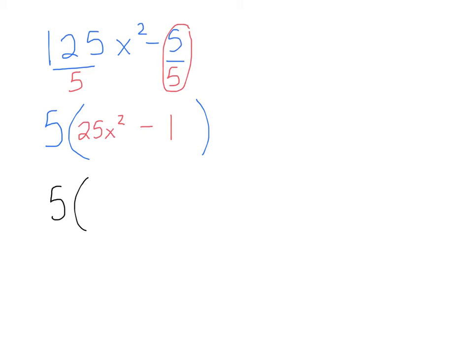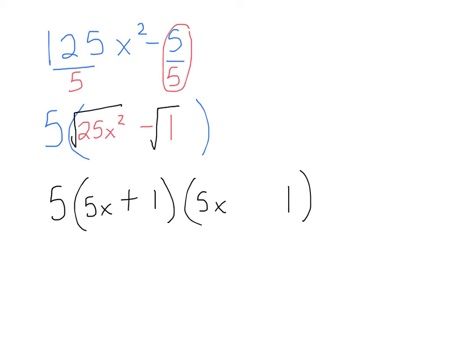So I write 5, and then I'll put 2 sets of parentheses. And I'll take the square root of this, and I get 5x and 5x. And I'll take the square root of 1, and I get 1 and 1. And then what do I do to finish it up? Plus, minus, or you could have done minus, plus. So what you see right here is the answer completely factored.